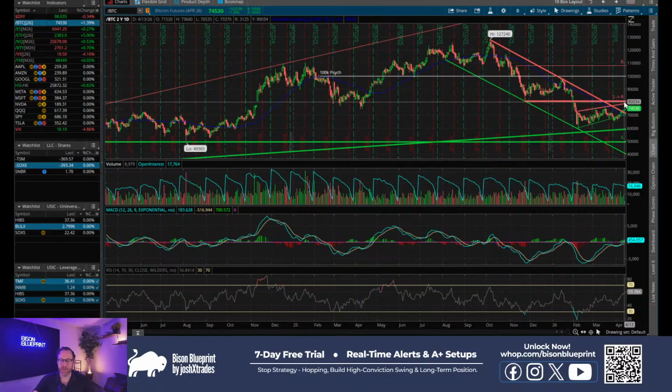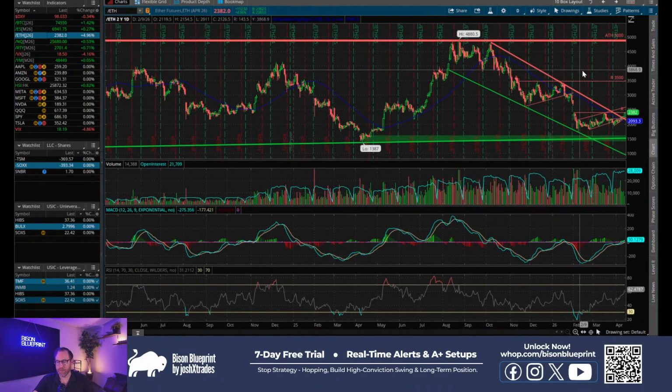I really want to see a clear break of this trend line before entering. This is a little bit too early for me to feel super confident, but if you want to go ahead and put some risk on here, it's starting to shape up as a good opportunity in the crypto space.